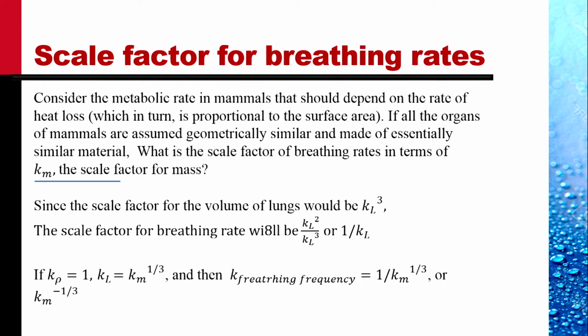So if K rho is 1, KL is Km raised to power 1/3. And then the scale factor of the breathing frequency would be like 1 over Km raised to power 1/3, or Km raised to power minus 1/3. This is the scale factor for breathing rates.